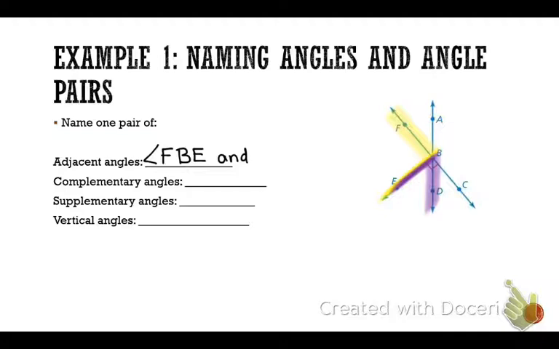This angle and this angle both have this side, BE. They share the common side, so we would call them adjacent. One pair of adjacent angles: angle FBE and angle EBD.